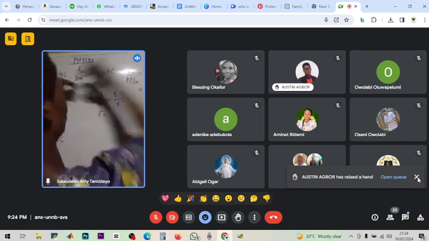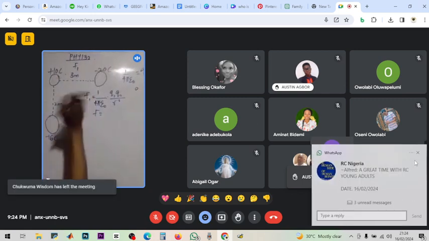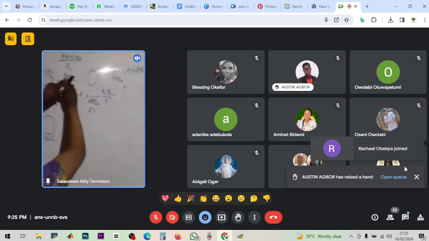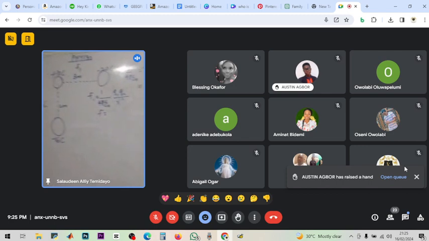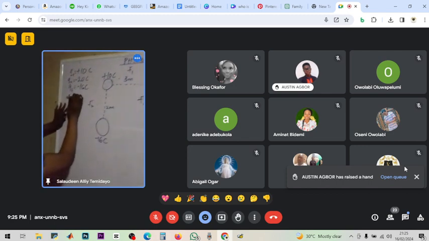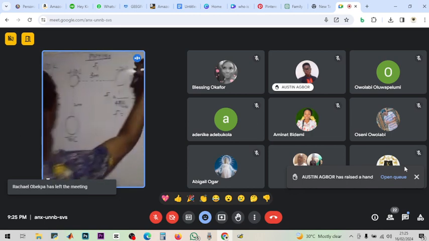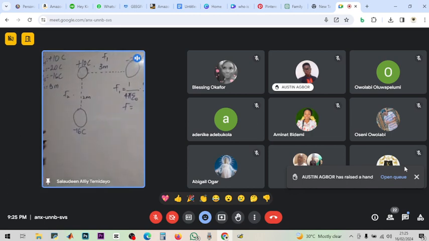Let's take this one first, only this one. The force that exists between this one and this one, let's take it first. So then the force will be F1. And the radius, that means the distance rather, between the both of them should be R1. So my R1 equals 3 meters. And this one should be Q1, while this one should be Q2. This one will serve as our Q3. Mr. Austin, do you get it now?